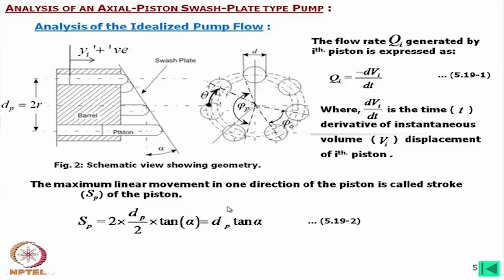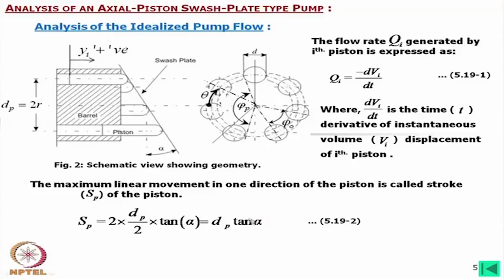So, when we are analyzing, even for the variable displacement pump, our analysis normally will be at a particular fixed angle. This means that for the variable piston pumps, for a fixed swash plate angle alpha, the swept volume will be this amount into the number of pistons.